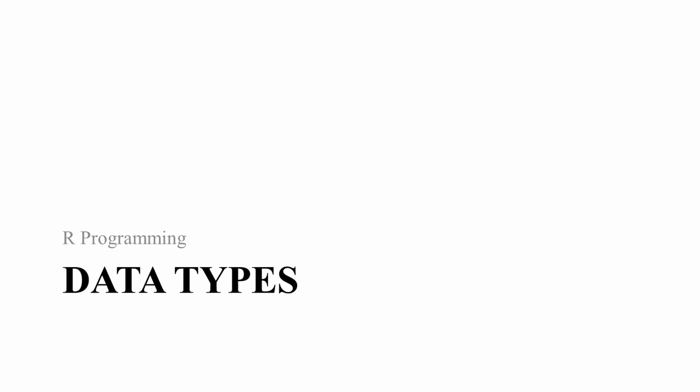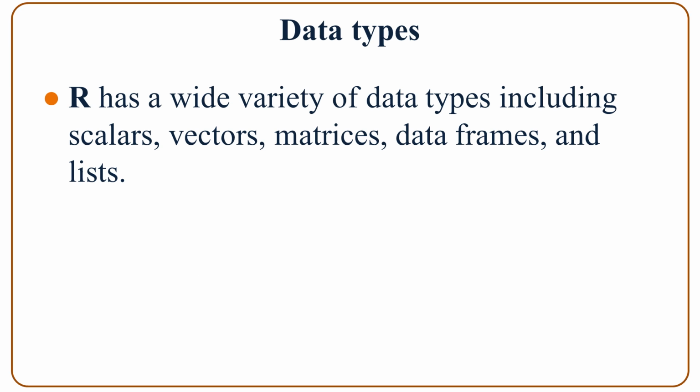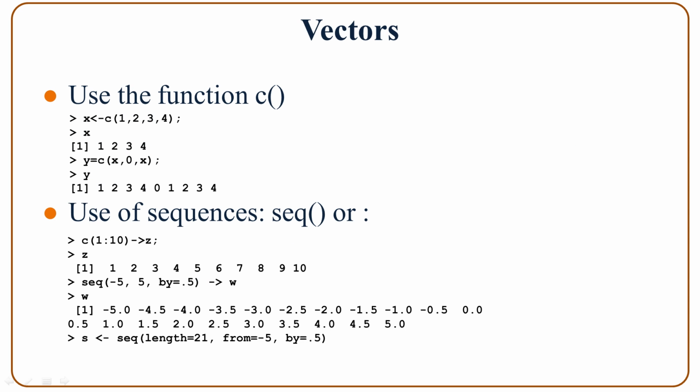Let's talk about data types. R has a wide variety of data types, including scalars, vectors, matrices, data frames, and lists. So we talked about how to create vectors using the function C, right?